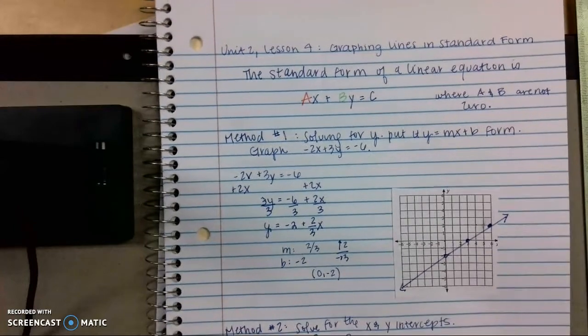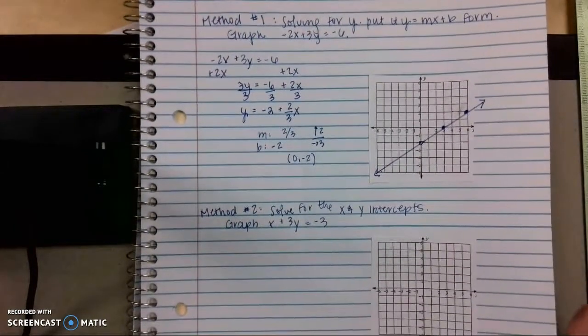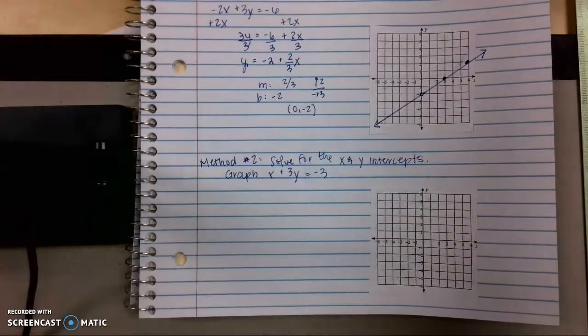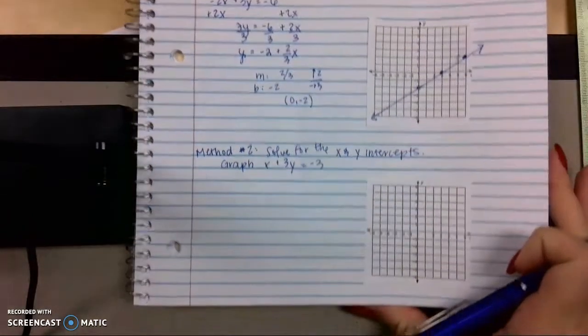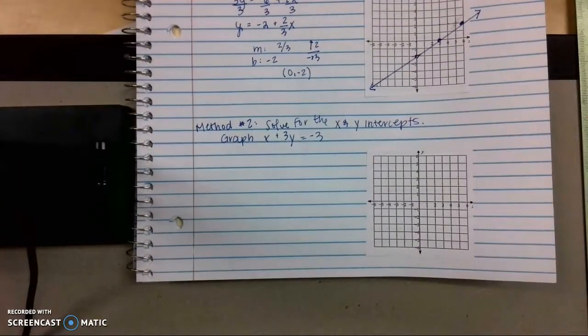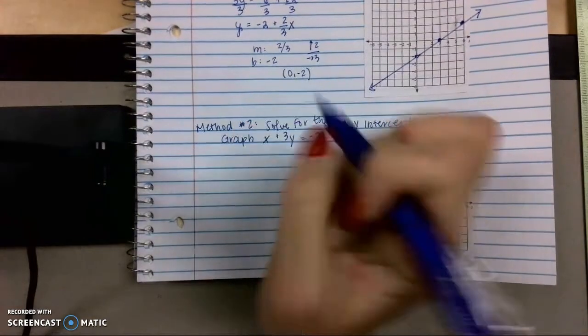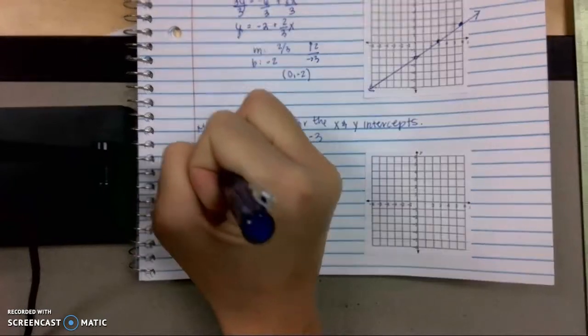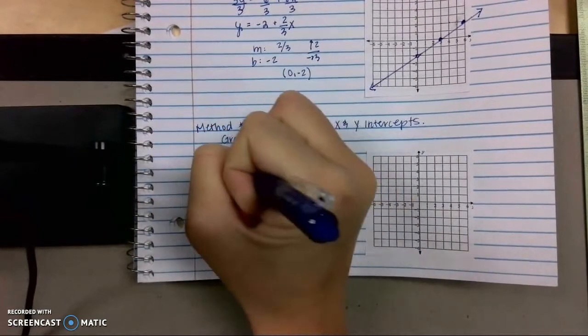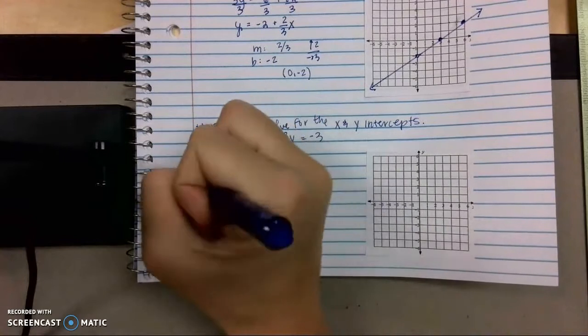When we solve for our intercepts, it would help if I push that up, right? All right, there we go. Now that we can see it, we're plugging in 0 for x and y respectively. When we're solving for x, we're going to plug in 0 for y.